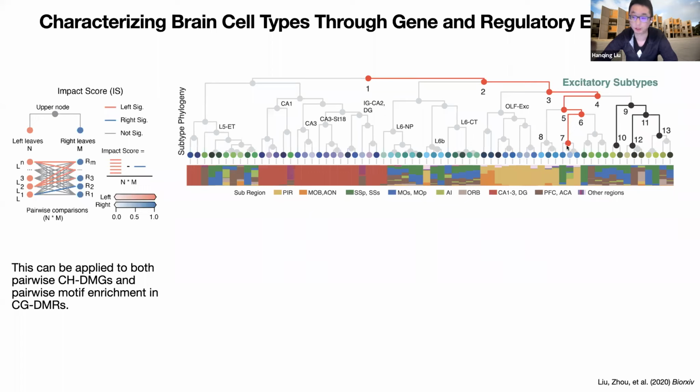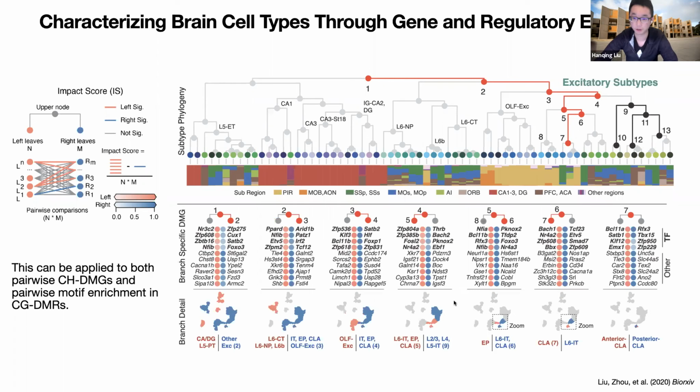The way we do so is by defining a metric called impact score, basically aggregating the pairwise comparisons to each node by using the comparisons involved in the leaf nodes of this particular node. By doing so, we can annotate each node with their important differential methylated transcription factors or any other genes, and also motif information, which for the interest of time, I'm not showing here.